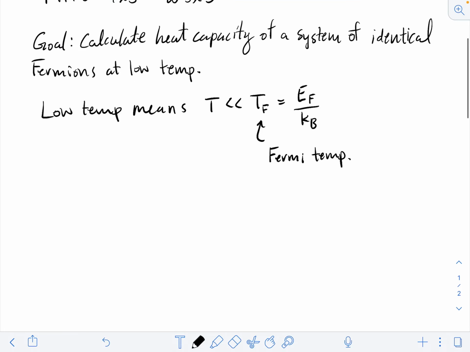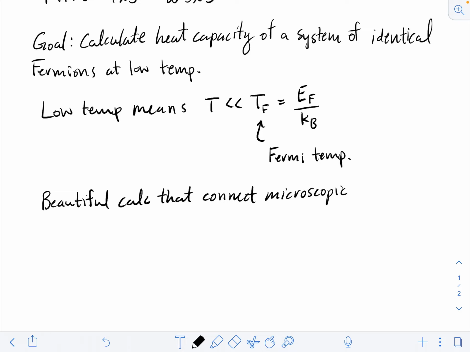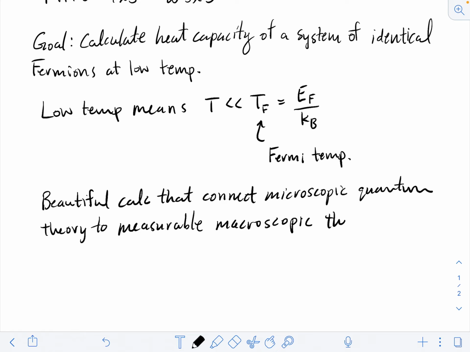Before we start, let's make a couple of comments. What we're going to try to do is a pretty beautiful calculation, and it's going to connect our microscopic quantum theory to a measurable macroscopic thermodynamic quantity.